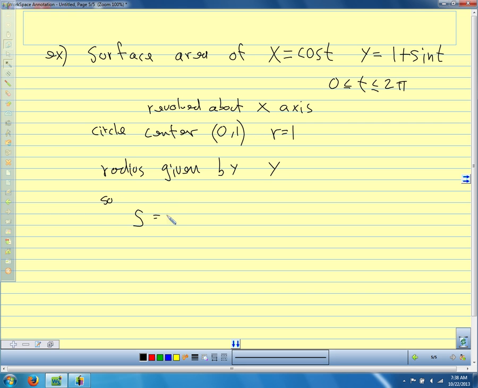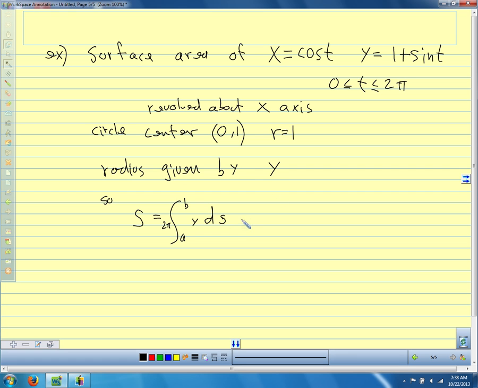The formula that I'm going to use is the integral, in general form, from a to b, of 2 pi, y, and then I'm going to just write ds for my arc length. My radius is y, and my little piece of arc length is ds.